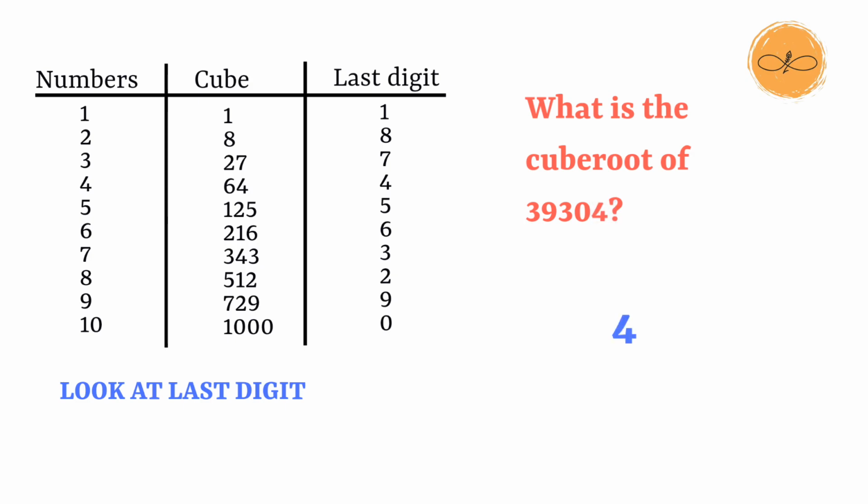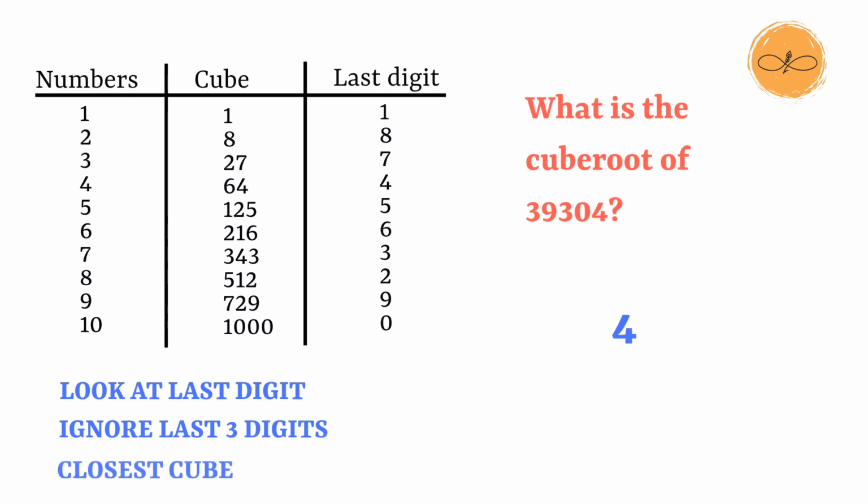The next step is we ignore the last 3 digits of our number, so in 39,304, we're going to just ignore the 304, and now we want to find the closest cube without going over. 39 is between 27 and 64. So it's closest to 27 without going over, which means it's closest to the cube of 3, and that gives us the other part of our answer, which is 3. So here we have it, we put the numbers together, and 34 is the cube root of 39,304.